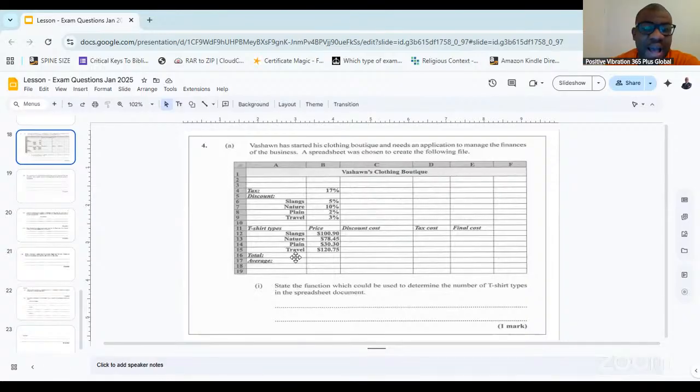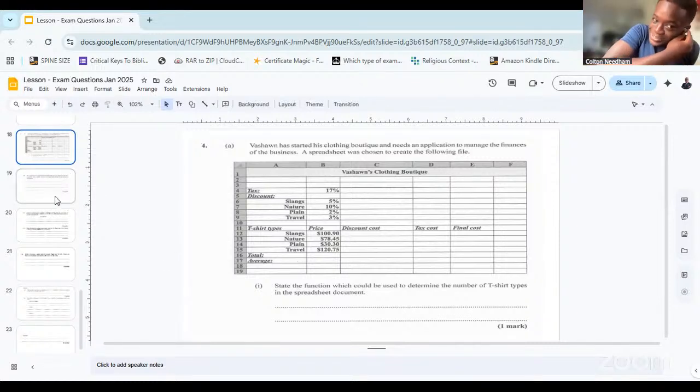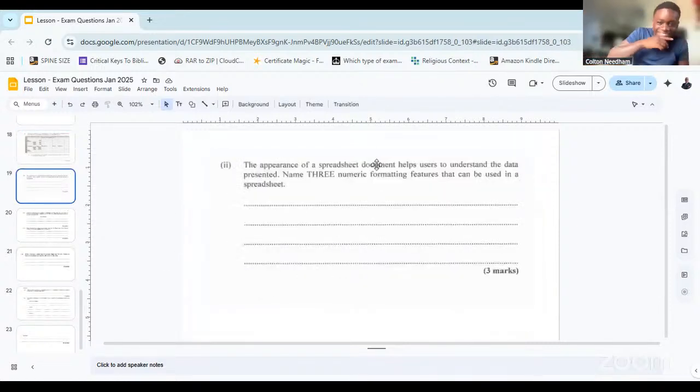Determine the type, and they're asking for a function. IF, sir? Duh! It can't be SUM. It can't be AVERAGE. What's going on? Sir, it's Jadid's fault, sir. Tripping. All right, same thing.